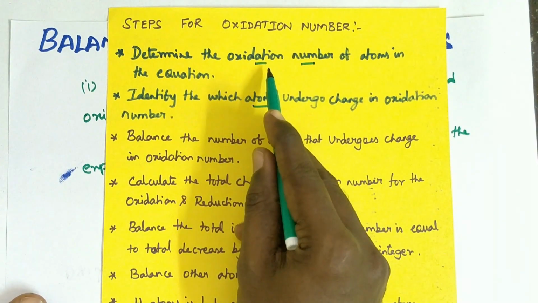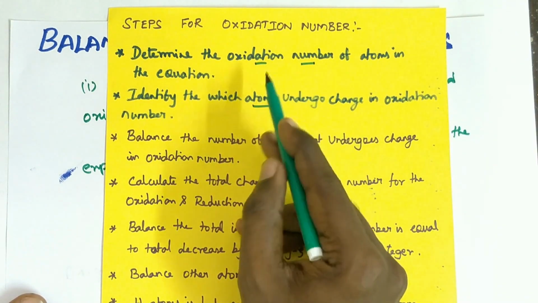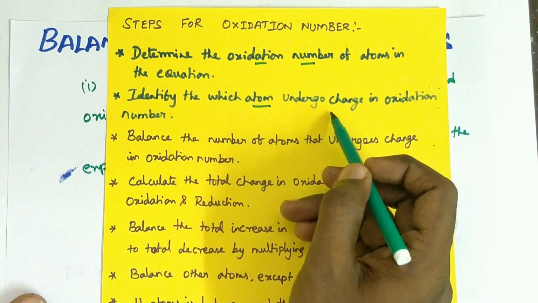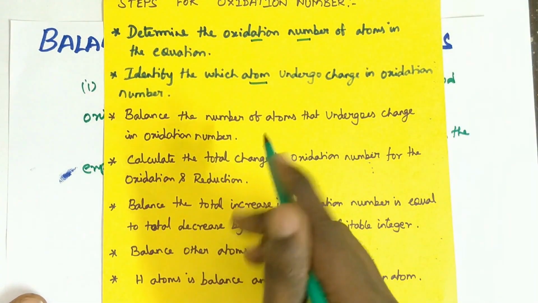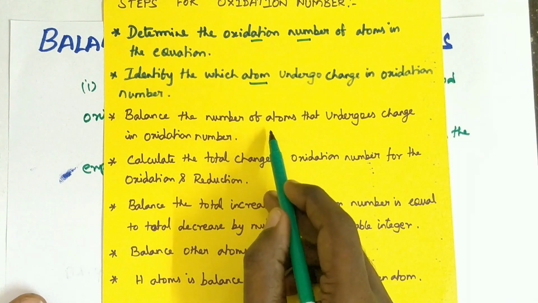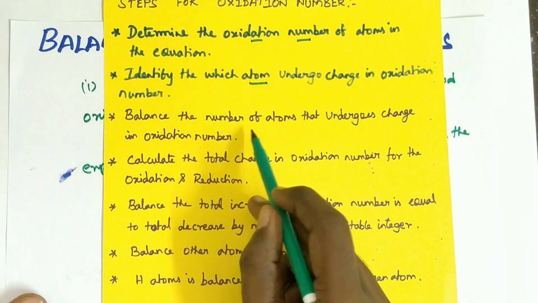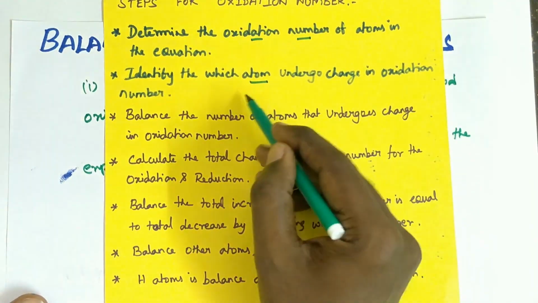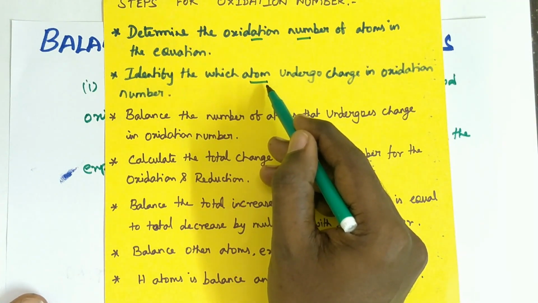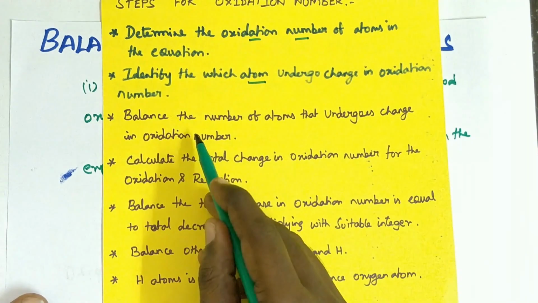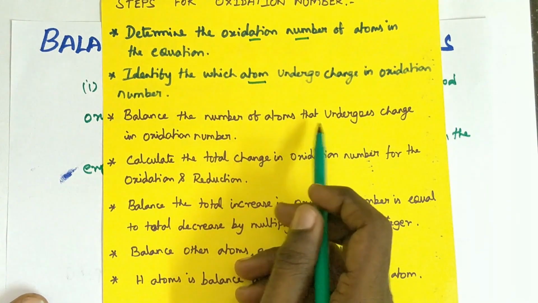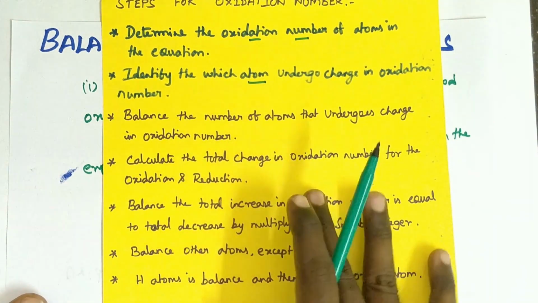The third step is to balance the number of atoms that undergo a change in oxidation number. That means the atom whose oxidation number changes is the one we have to balance first.